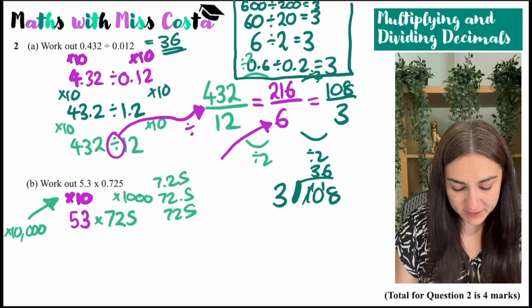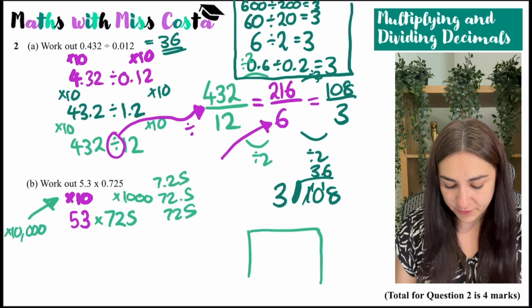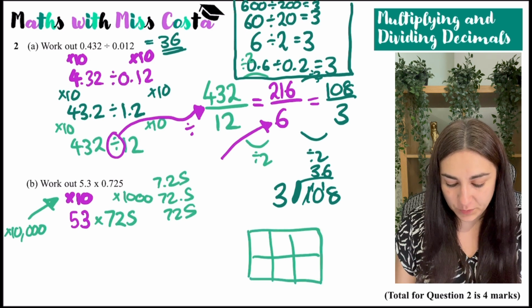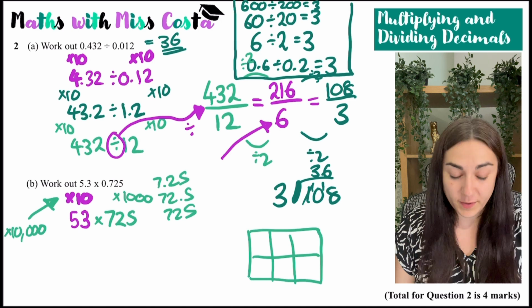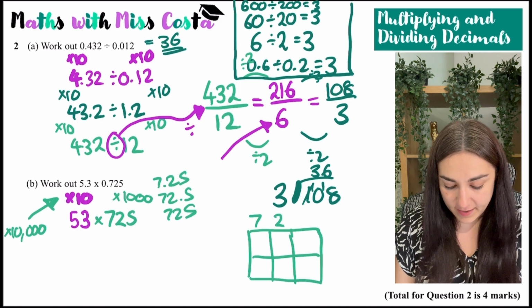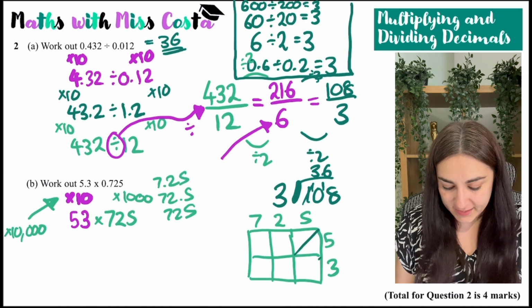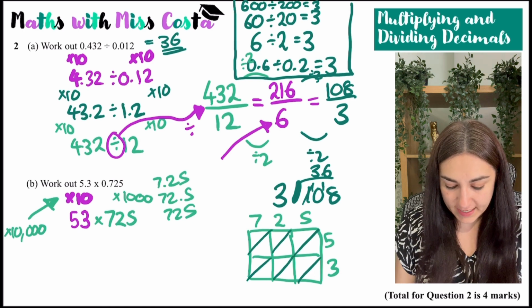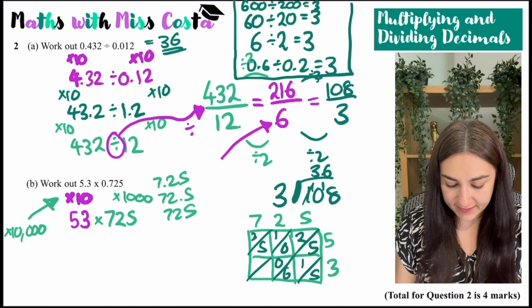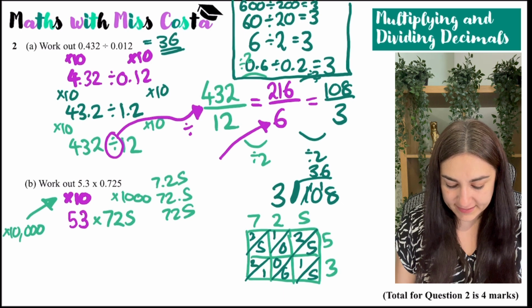So then I'm going to do 53 times 725. And again, you use whichever method you feel most comfortable with to get the multiplication done. I'm going to just use the lattice method because I like it and I think it's fun. So you divide it into 2, and then 5 times 5 is 25, 5 times 3 is 15, 2 times 5 is 10, 2 times 3 is 06, 7 times 5 is 35, and 7 times 3 is 21.